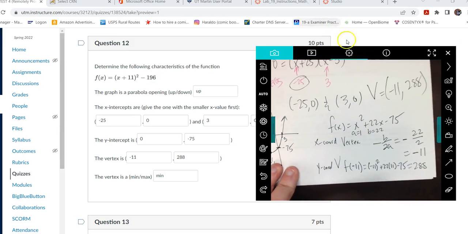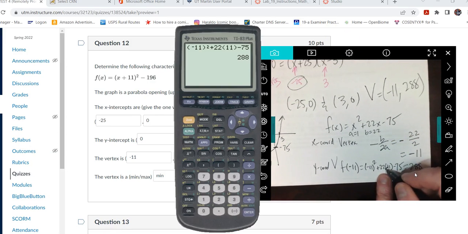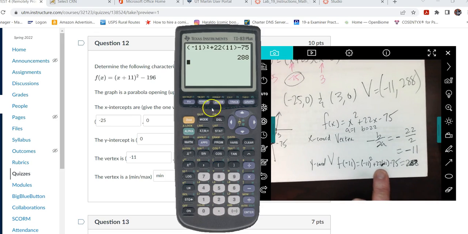See, I was supposed to put negative 11 in there. That's not going to be right. Let's try that again. Negative 11 squared plus 22 times negative 11 minus 75.